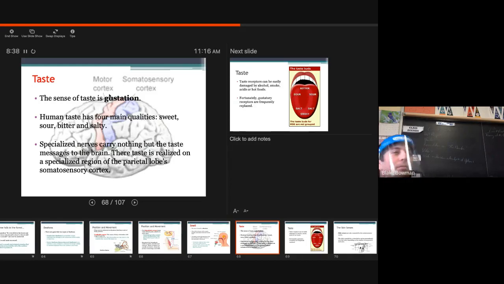But luckily, the taste buds regenerate. Have we ever burned the roof of our mouth, burned our tongue? Oh, terrible. It ruins your week, really. You never want to eat anything again for a whole week, but then it comes back. So we all know gustation is also associated with the limbic system, but mostly in the sensory cortex.